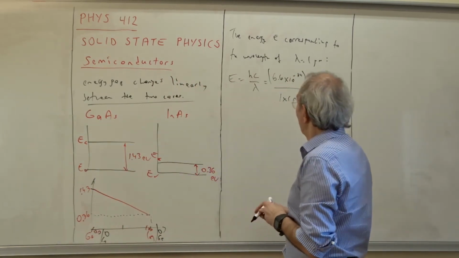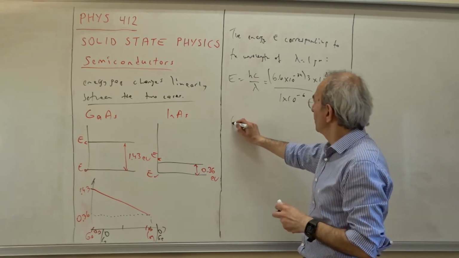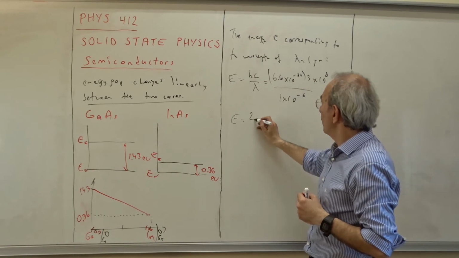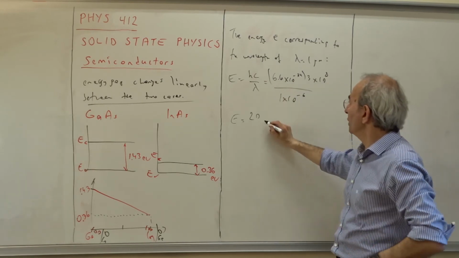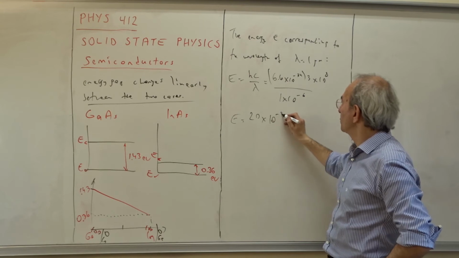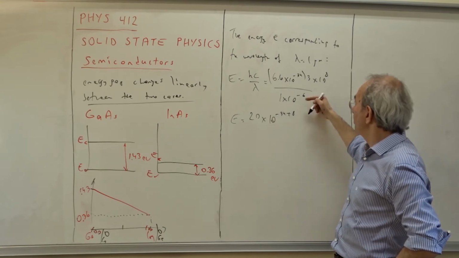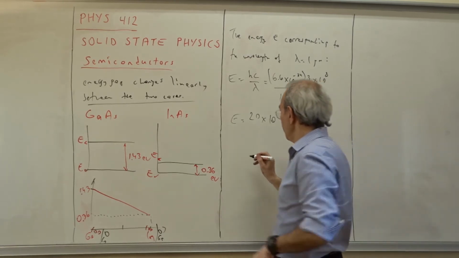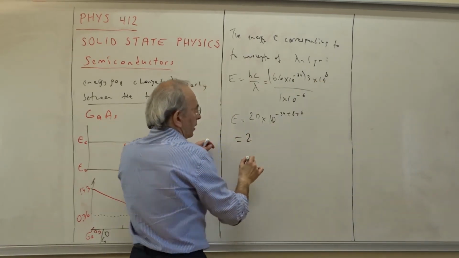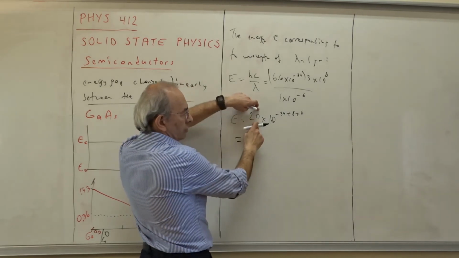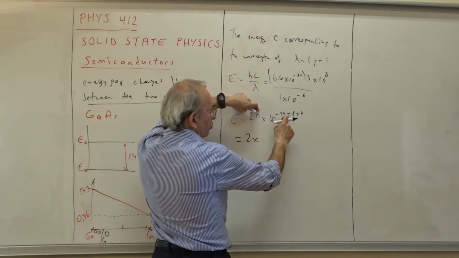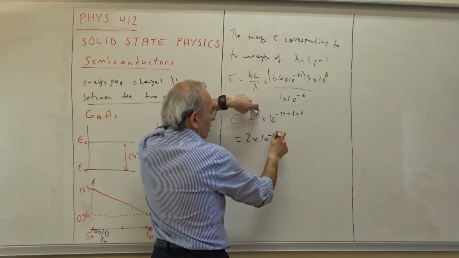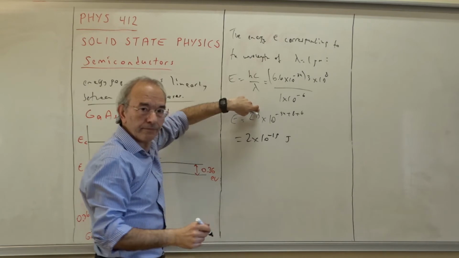Alright, this is relatively simple because we have 3 times, roughly 20, 3 times this 20 times 10 to the minus 34 plus 8 plus the 6 coming from down. So it will be 2 times 10 to the minus 19 joule.